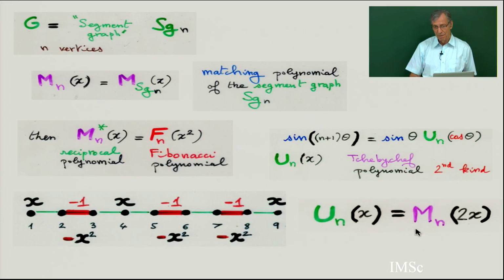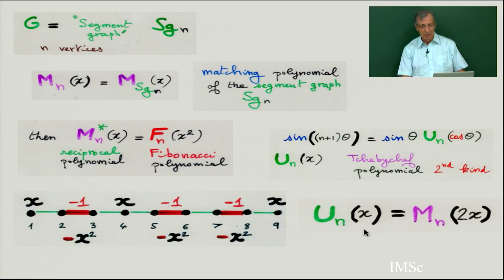Which graph? The segment graph, this one. So you see, Fibonacci is counting matchings by the number of edges, but I need the reciprocal, replacing x by x2, and then if I take the reciprocal, replacing x by 2x gives you the Chebyshev.